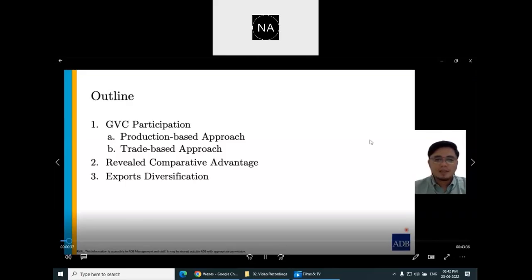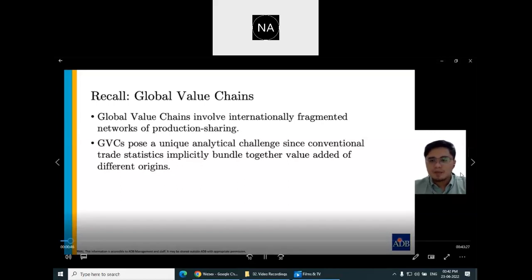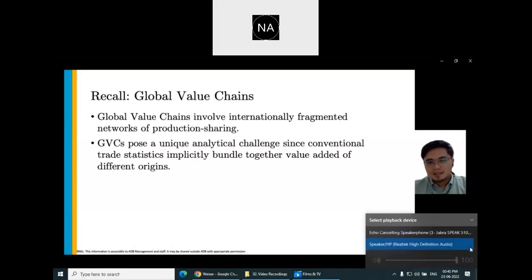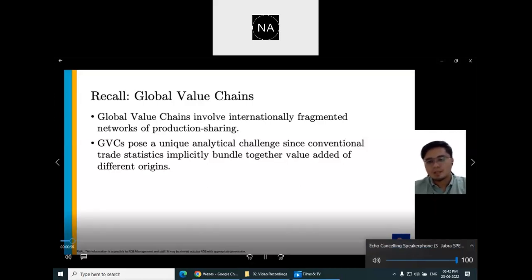Following are the three GVC indicators that we will cover in this session. Recall that GVCs involve fragmentation of production processes across borders. This means that traditional trade statistics may now be less accurate in capturing the dynamics of modern production arrangements.